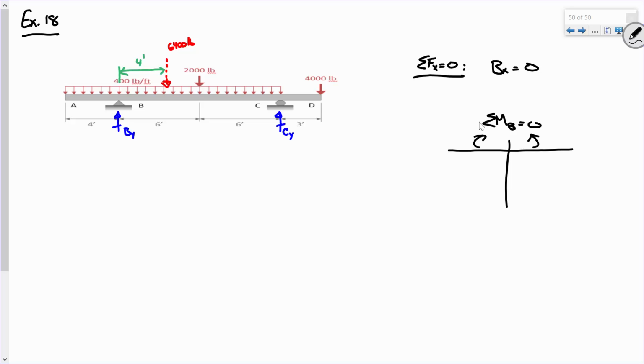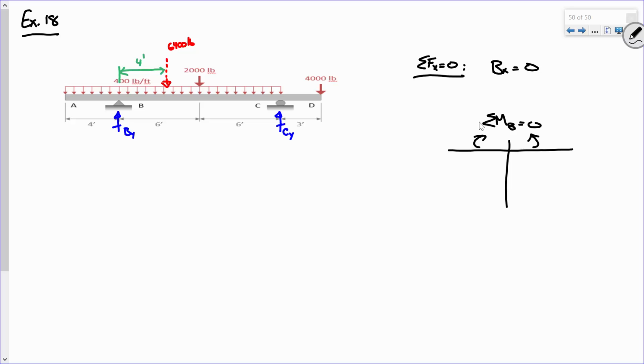So you just go through your forces one by one and start listing them out. So I'm at B. Let's just go through them one by one. Do I need to consider BY? No, it's going right through B, so it's a moment arm of 0. What about this 6,400 pounds? Do I need to consider that? Yep. Okay. What side of the table should I put it on? Should I put it on the left side or the right side?